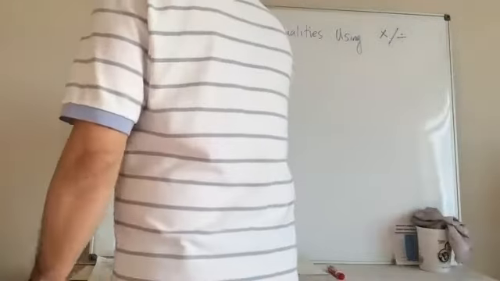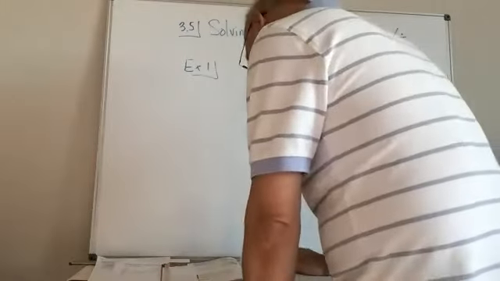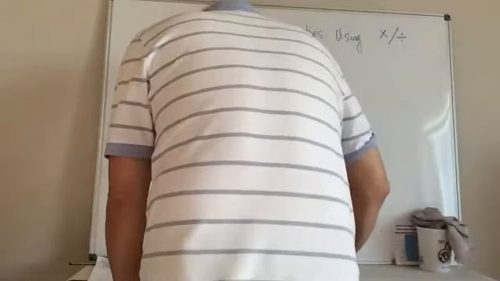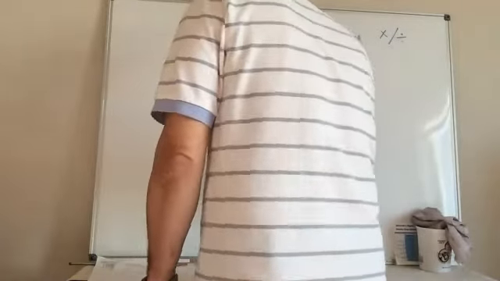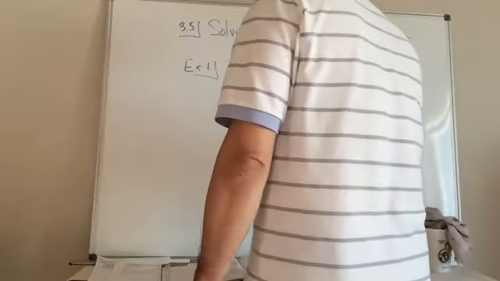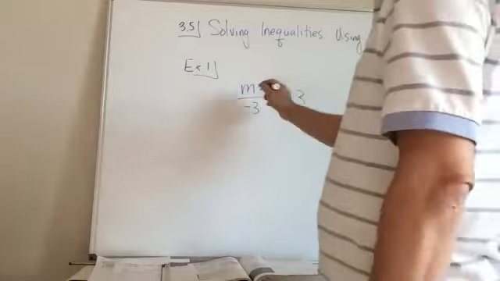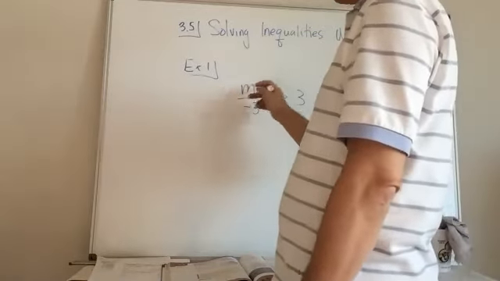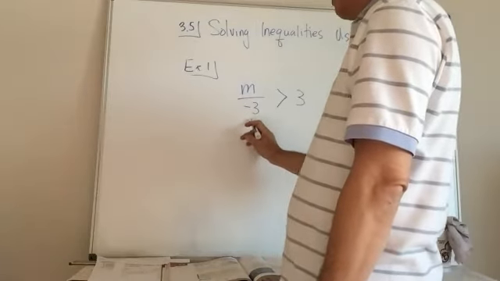Let's go ahead and do example 1 and see if we can actually put this into practice. So we're solving this m. To solve this, I want m by itself. In order to get m by itself, I need to get rid of the -3 that is on the bottom.